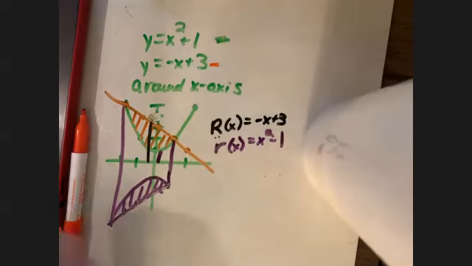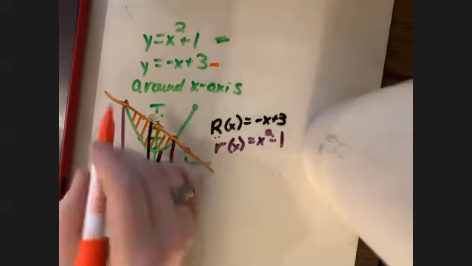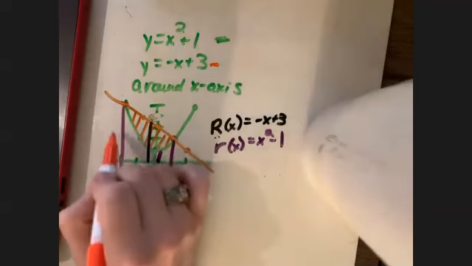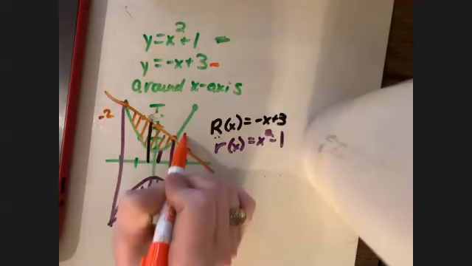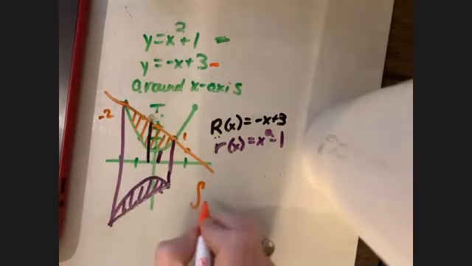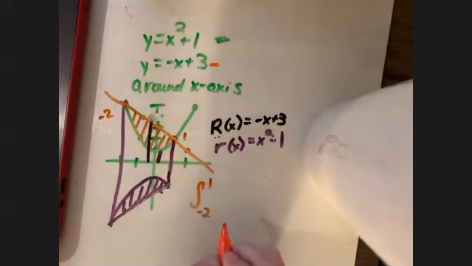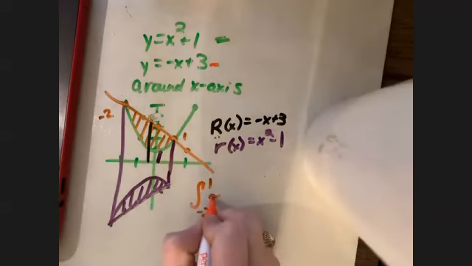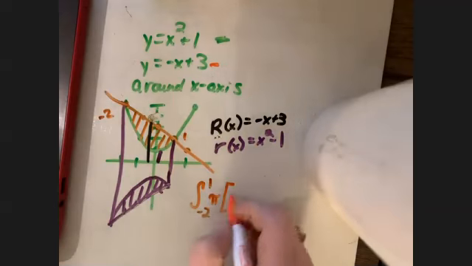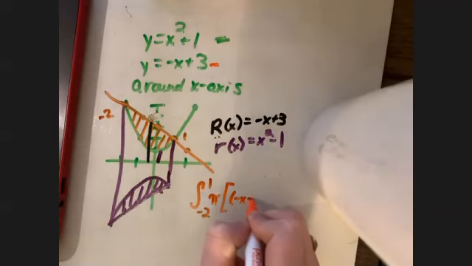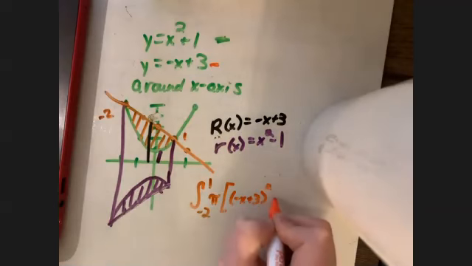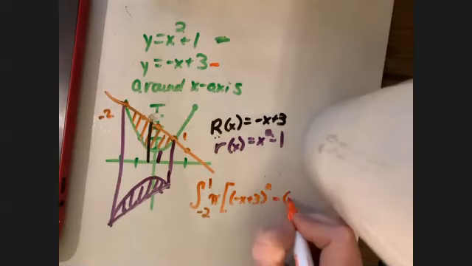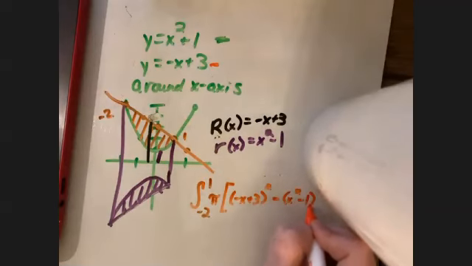Okay, so now we are working from -2 to 1. So we're going to integrate from -2 to 1 pi, big radius minus little radius.